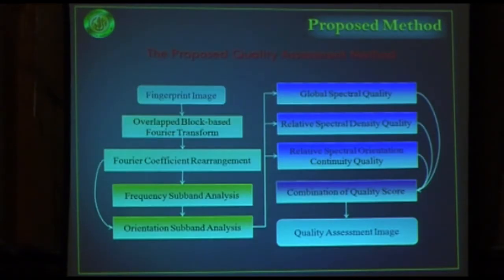Okay, the proposed quality assessment method. This is the block diagram of our proposed method. First, we have a fingerprint, then we partition it into blocks, and then we do the overlap block-based Fourier transform.